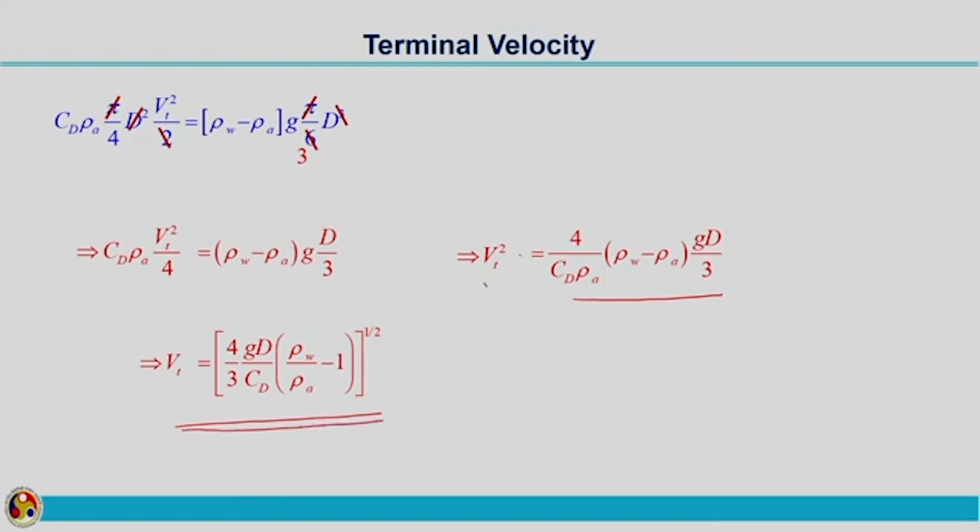Here we had Vt square, so when the expression comes for Vt, we will have a square root. This expression will give you the terminal velocity, that is the velocity with which the raindrop is falling down onto the earth's surface.